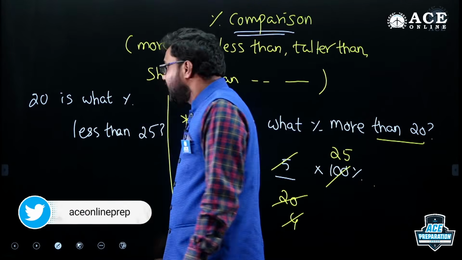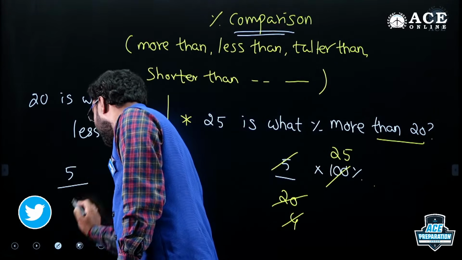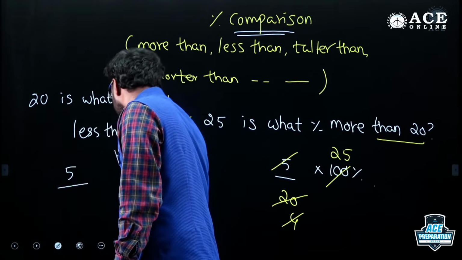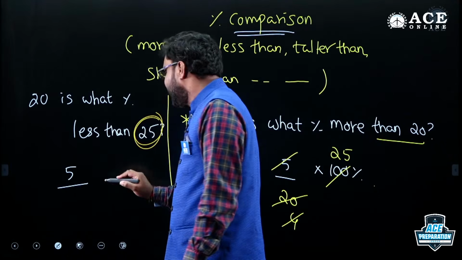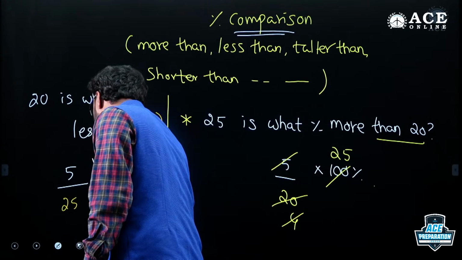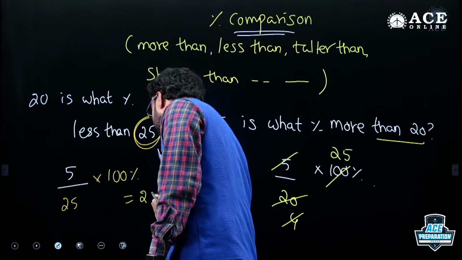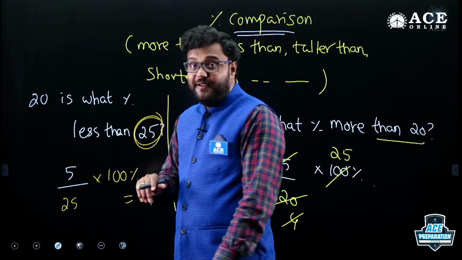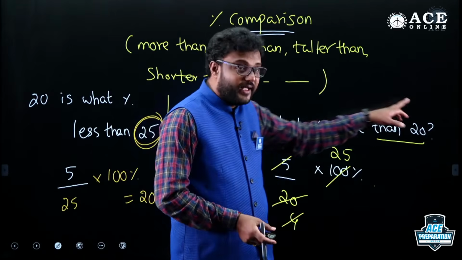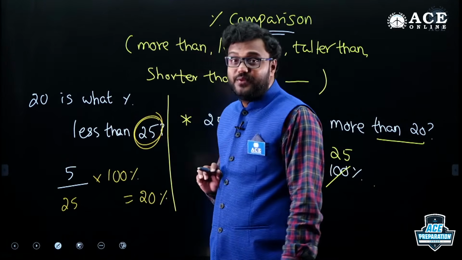Yes. How much less? 5 less. So 5 with respect to the compared value. Here the compared value is 25, the value after "than". So 25 will come into the denominator, into 100, my dear friends. Now this is 20% only. See this: 25 is 25% more than 20, whereas 20 is 20% less than 25.